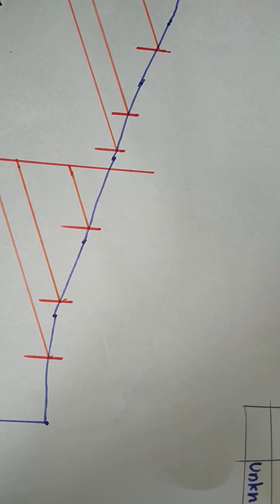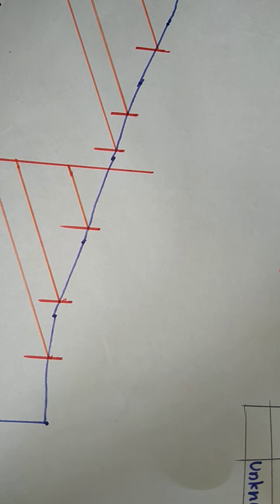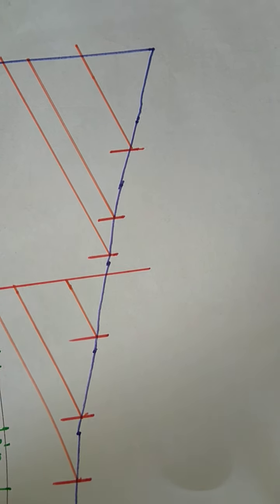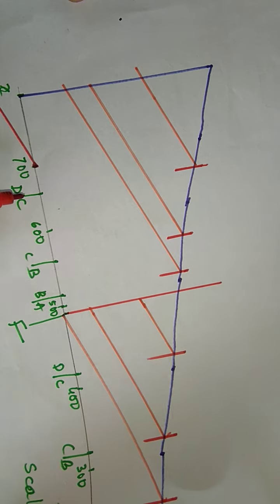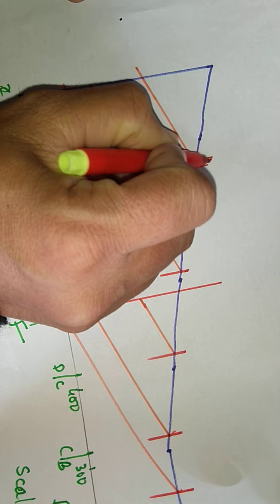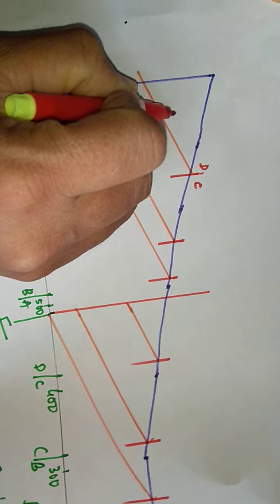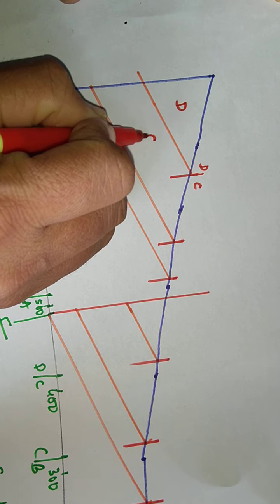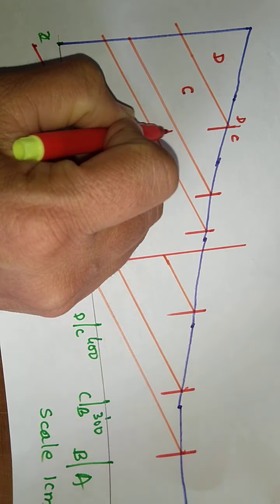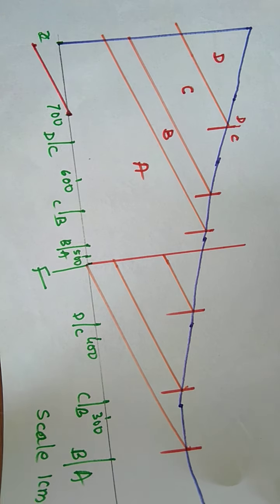Now the very important point here is the fault. So this bed is DC. The topmost is D, then this is C, then this is B, and this is A bed.